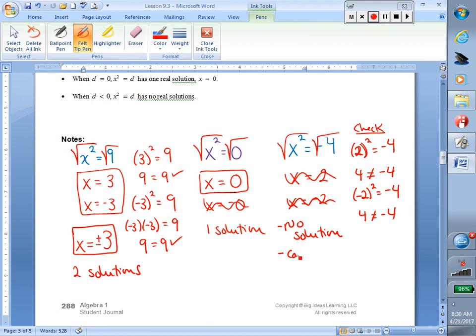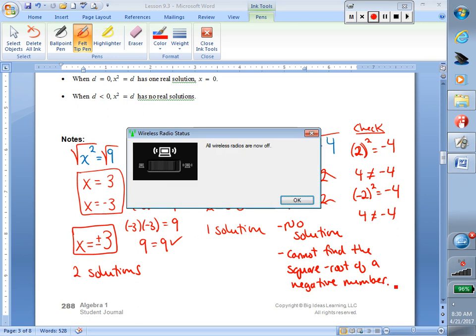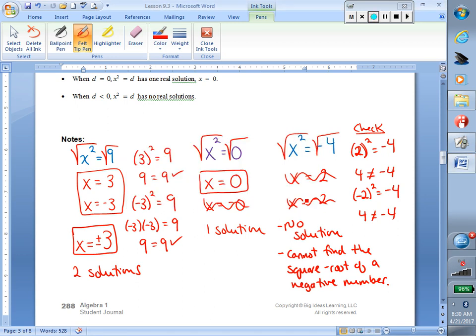We cannot find the square root of a negative number. Because whenever we square a number, the result is positive.